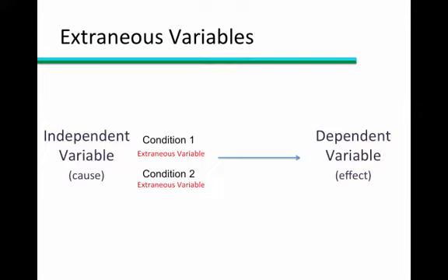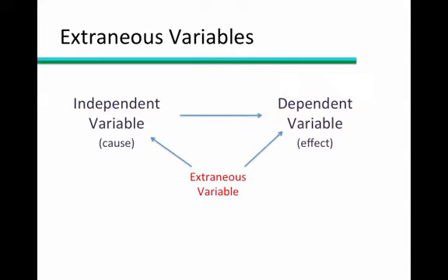Other times, when potential extraneous variables can be identified, they are removed from the experiment altogether. Or, if an extraneous variable cannot be removed from the experiment, statistics are used to remove the effect of the variable from the numerical results.